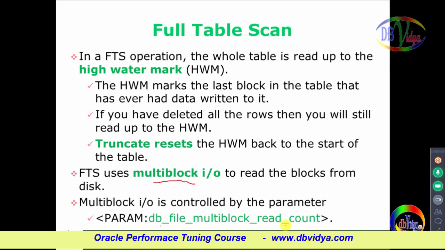In warehouses, it is correct, because data will be huge, and in some places we can't avoid full table scans in a warehouse or data mart, so it's better to go for it. But OLTP is different, that's what I'm telling. Whatever feature Oracle gives always comes with some pros and cons, and we should always be aware of it. Just because Oracle gives it, if the DBA sets it, it might affect some other place.